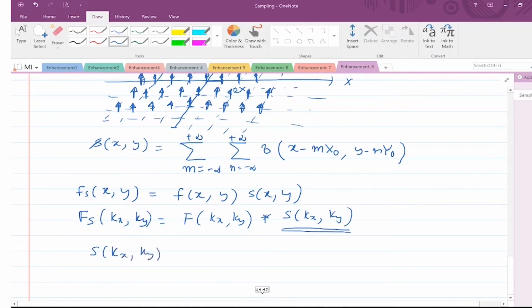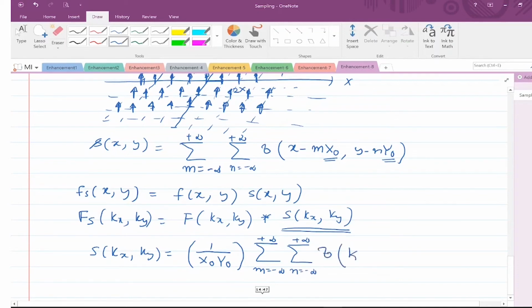S of kx comma ky will be equivalent to, since you have spacing at x naught and y naught similar to our 1D function, the magnitude gets multiplied by 1 by x naught into 1 by y naught. Then the summation remains, as an impulse train would still give you an impulse train, with m varying from minus infinity to plus infinity and n varying from minus infinity to plus infinity.